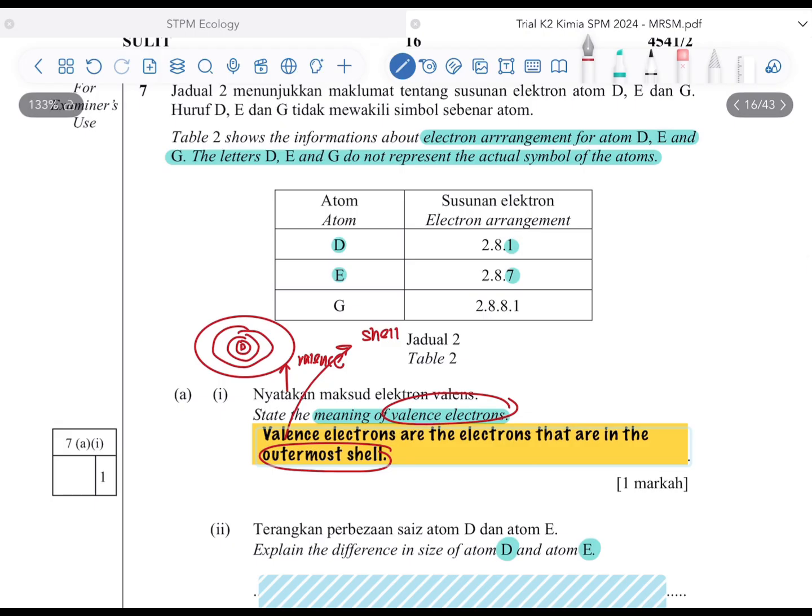Actually, they both have 3 shells. I know this because the electron arrangement has 3 numbers, which means the atom has 3 periods, equivalent to 3 shells. We know this one is from group 1 and this one is from group 17.